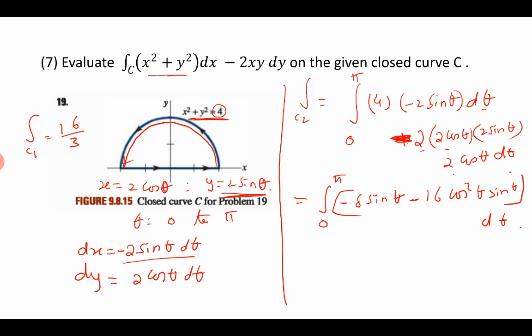Again you can take common terms: minus 8 outside, integral 0 to pi, sin theta outside. Minus 8 sin theta outside, this will be 1 plus 2 cosine square theta d theta.